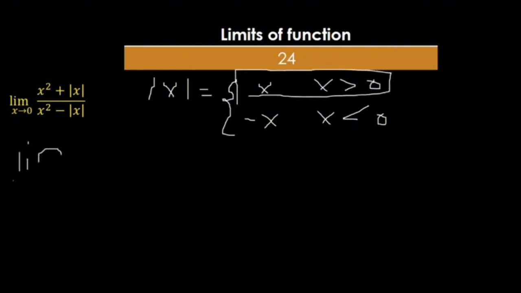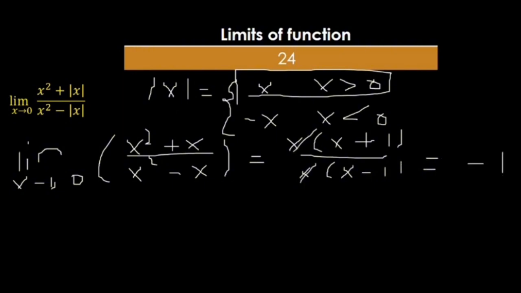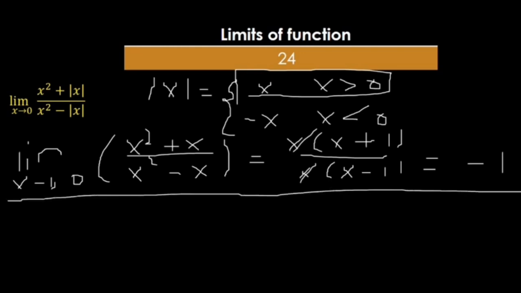Therefore, you are having limit as x tends to 0 of x square plus x all over x square minus x. That is equals to, we take out the x into x plus 1 all over x into x minus 1. That is equals to, the answer will be negative 1.